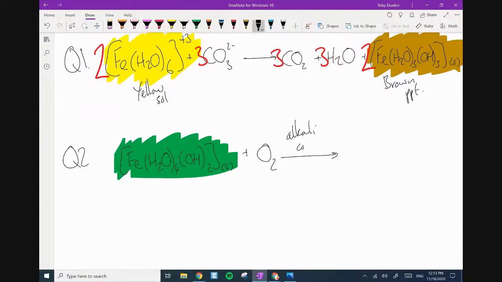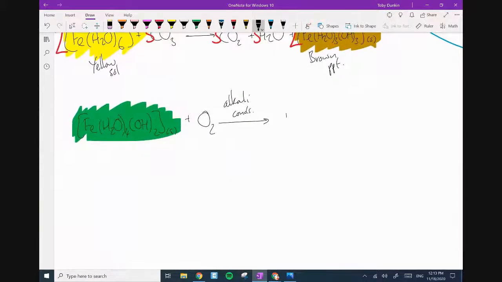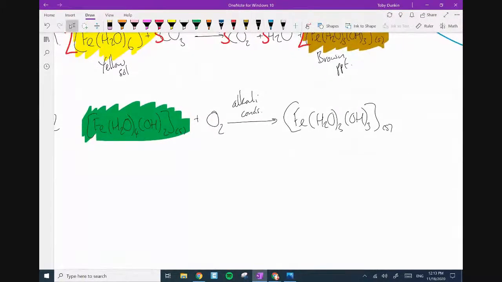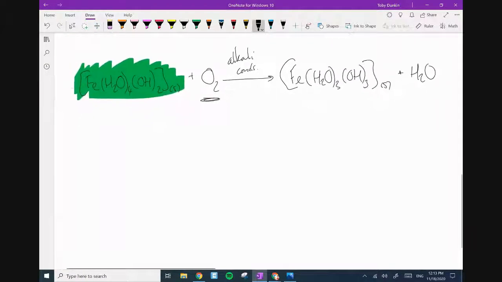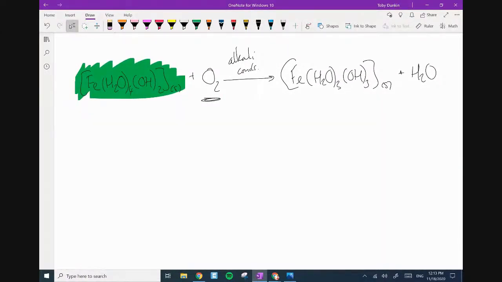And what I'm forming is Fe(H2O)3(OH)3 solid. And of course, this is the kicker. The oxygen always becomes water. That's the key thing. That's actually a really important fact in most transition metal chemistry. Redox catalysts, it always becomes water.